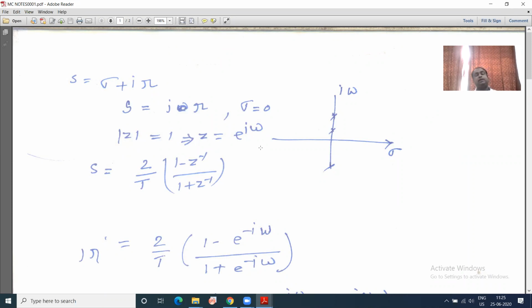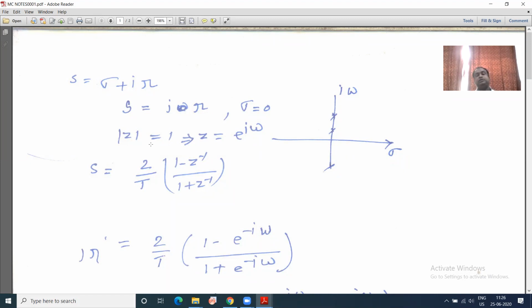What I mean is that if s equal to j omega, corresponding to sigma equal to 0, then magnitude of z equal to 1, that we have derived in the previous class, or just now I have explained. Agreed? Now, if magnitude z equal to 1, what does it mean?